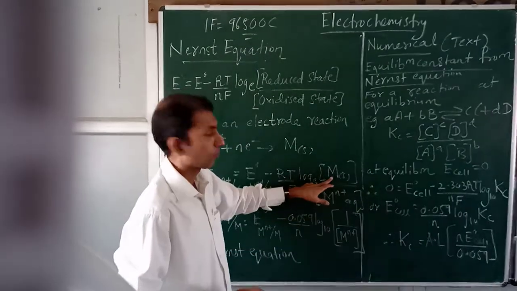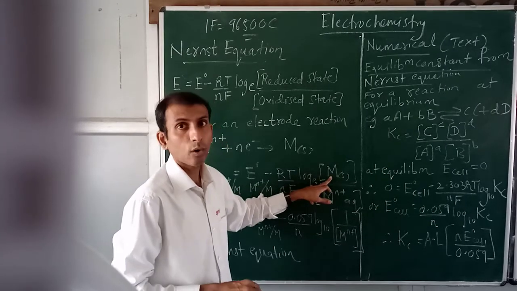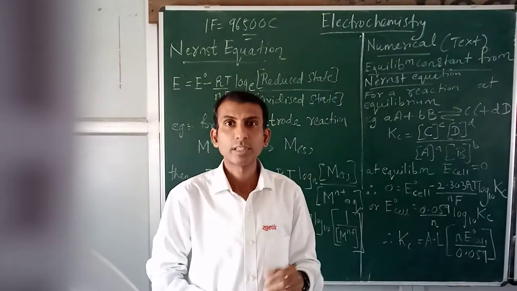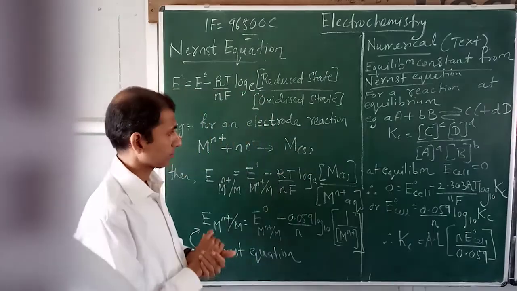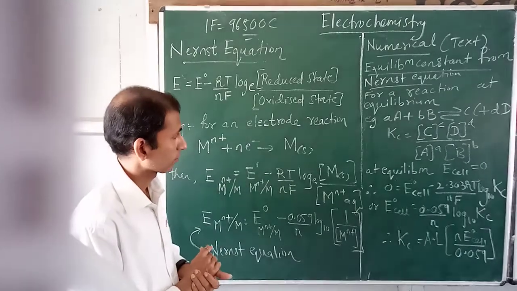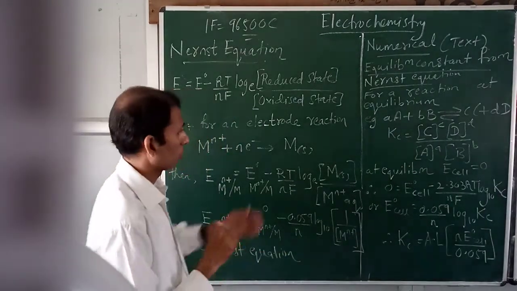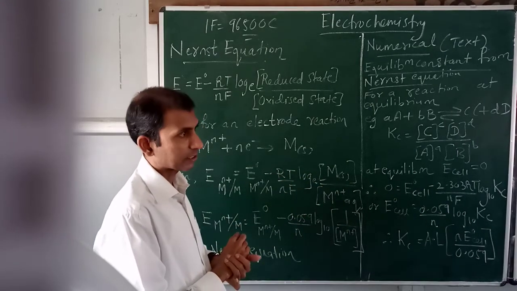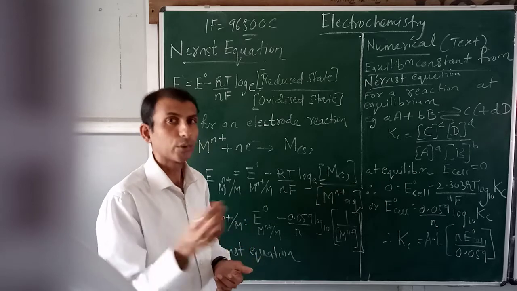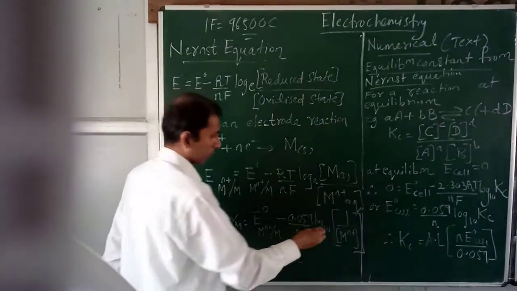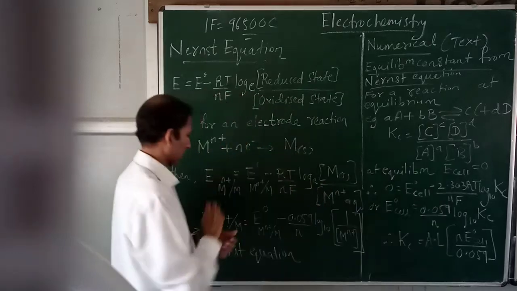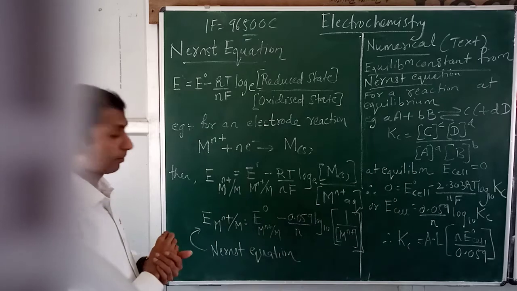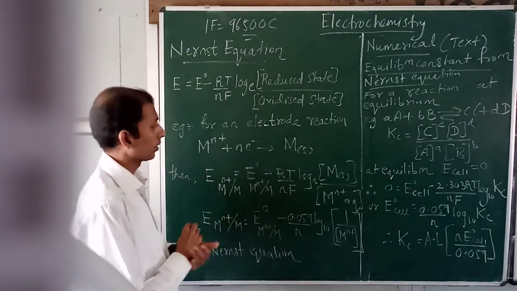This is because the concentration of a species in solid state is taken as unity, so directly you write 1 there; for any solid you can write the concentration term as unity. So you write 1 upon Mn+. This is a very simplified form of the Nernst equation.